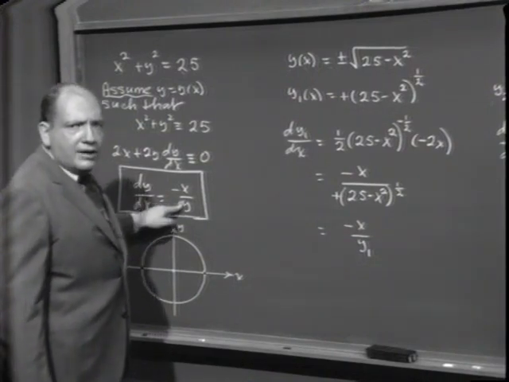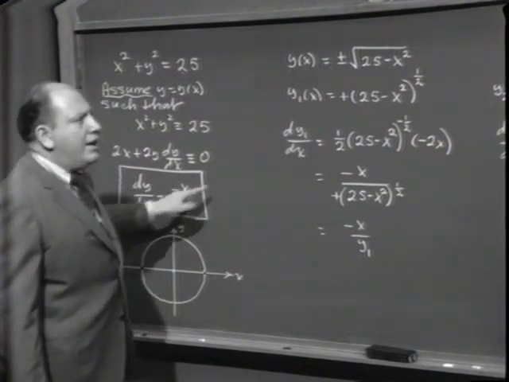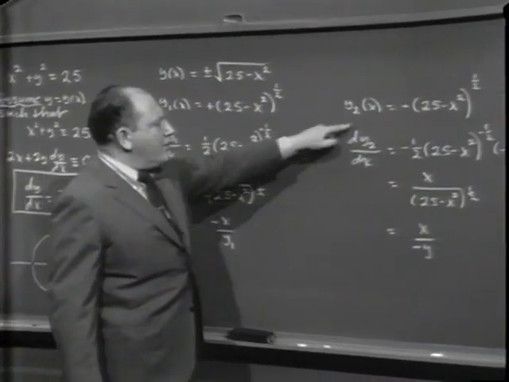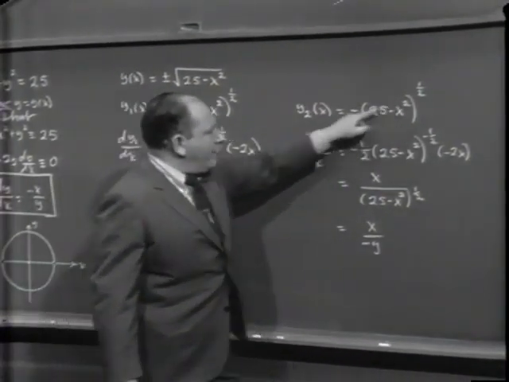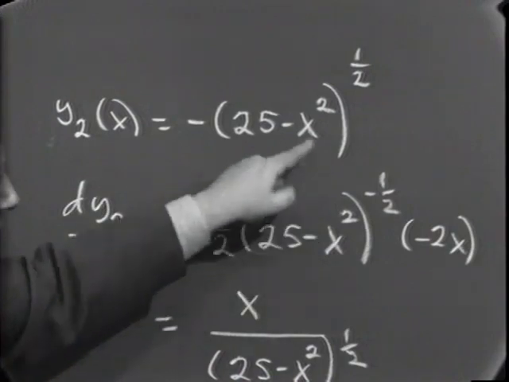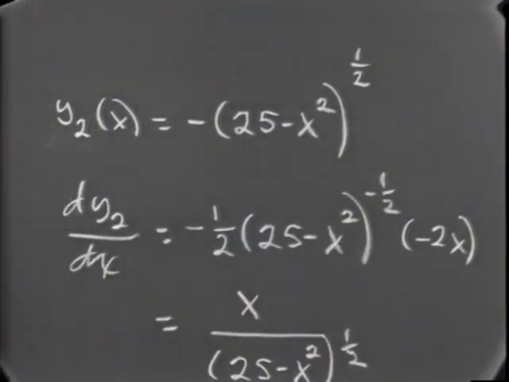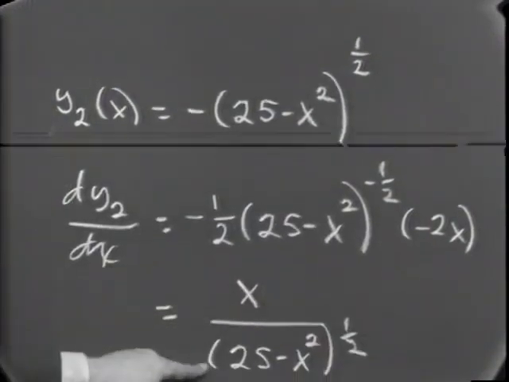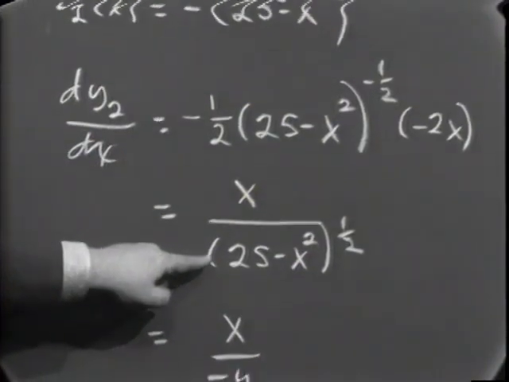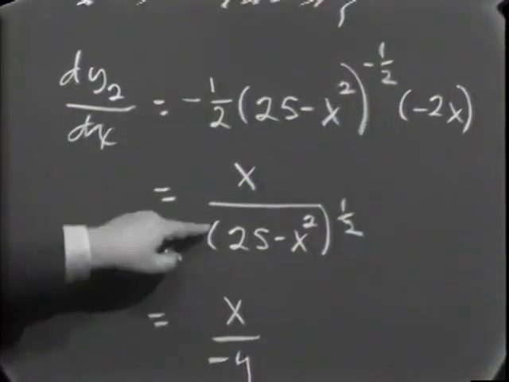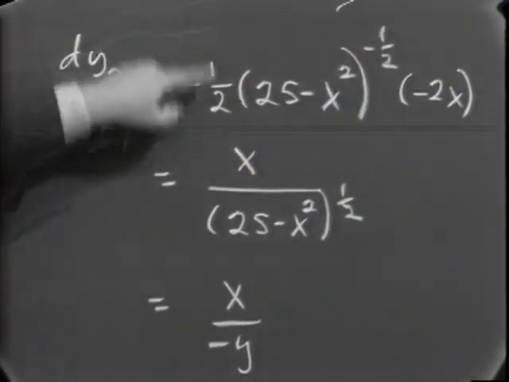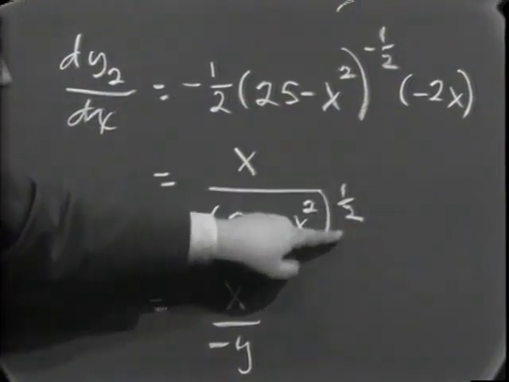In a similar way, if we now differentiate y2 with respect to x, bringing down the exponent, multiplying by the derivative of what's inside with respect to x, we wind up with the same expression as we did before, only now we remember that y2 is defined to be negative (25 minus x squared) to the 1/2.